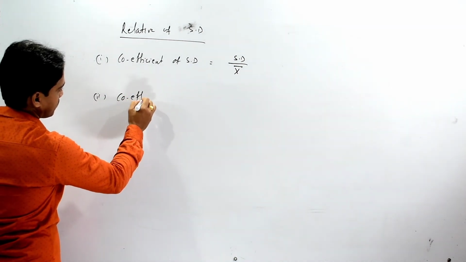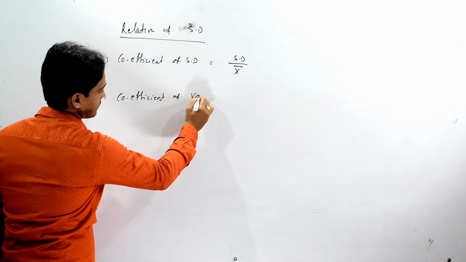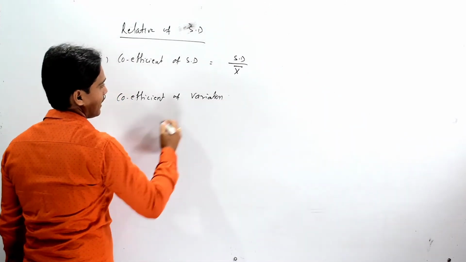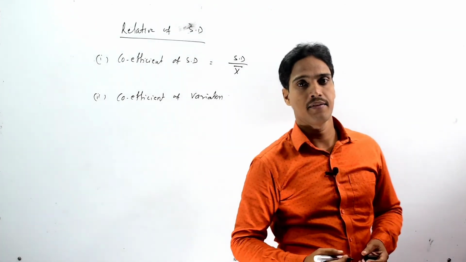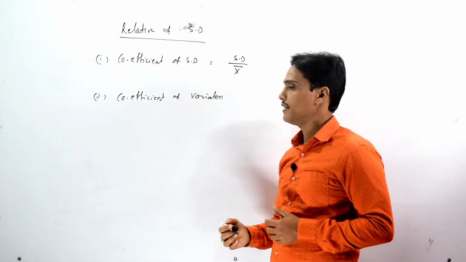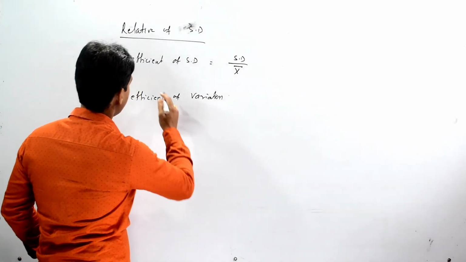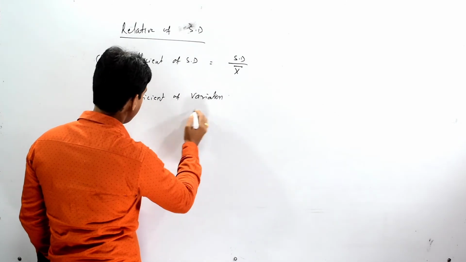Then our second relative is coefficient of variation, which is the expression of coefficient of standard deviation in percentage form. So it is calculated by multiplying 100 with our coefficient of standard deviation.